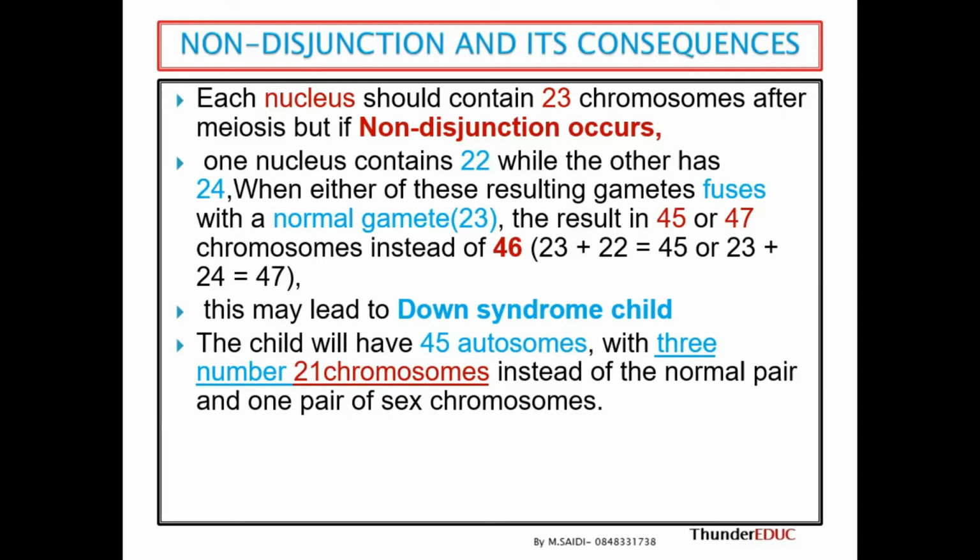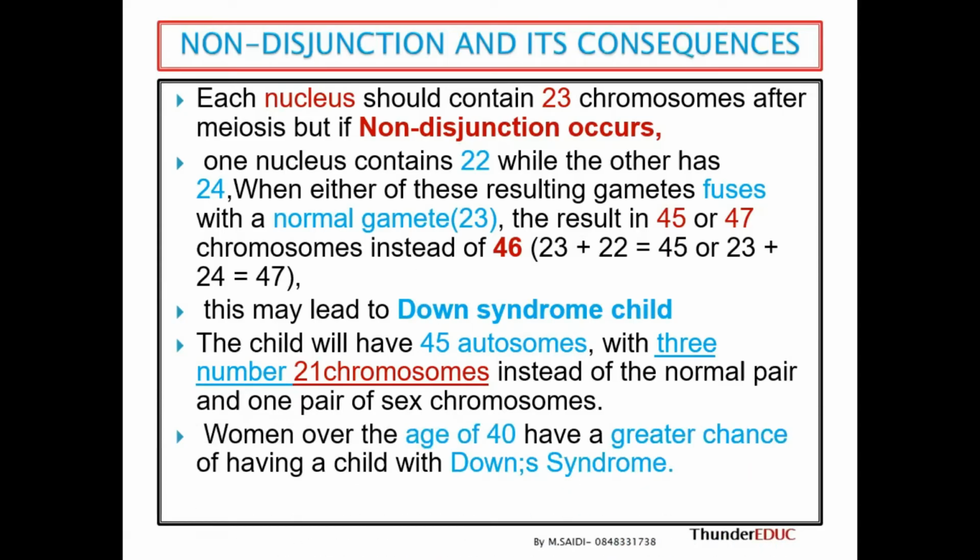It means that chromosome number 21 is going to be 3 of them. That's why we call it trisomy. That cell is called a trisomy because it has 3 chromosomes of the same kind instead of a normal pair, and 1 pair of sex chromosomes. So if there are 45 autosomes plus the sex chromosomes, which are X and Y or X and X, based on which gender it is, then it's going to become 47.